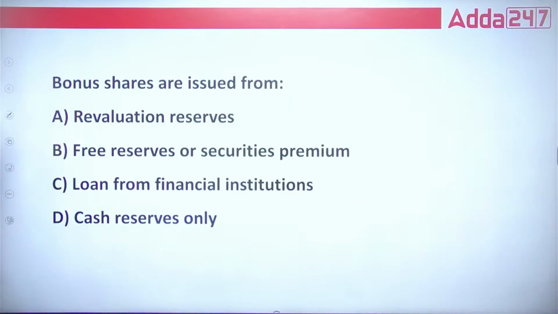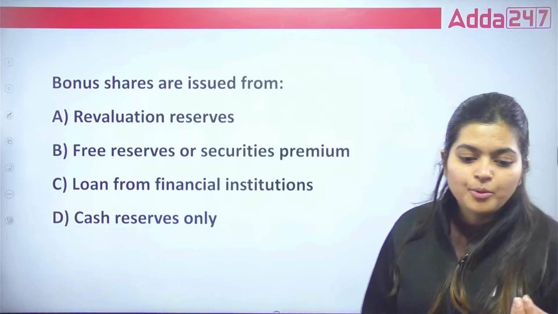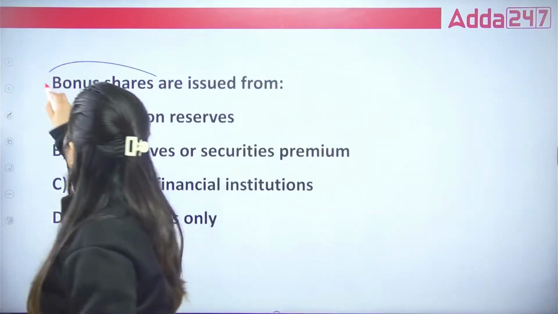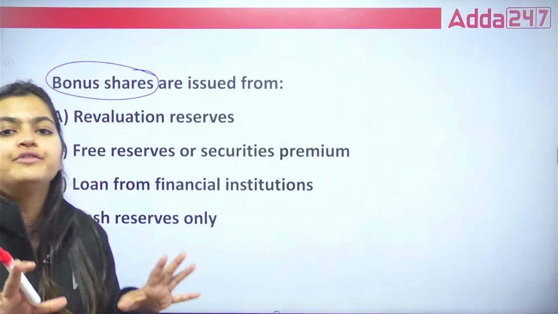Now, coming to the next, bonus shares are issued from, tell me, revaluation reserves, free reserves or securities premium, loan from financial institutions, the cash reserves only. Now, bonus shares. What do you understand with the term bonus shares? Bonus shares means you are issuing to your existing shareholders for free.